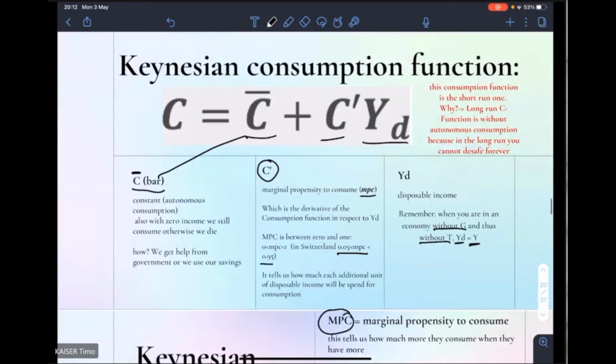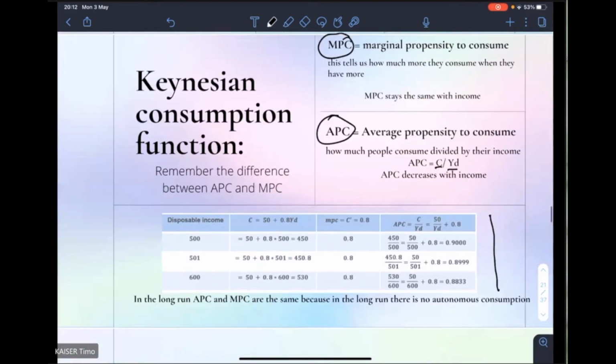If you take the derivative of this one, this is what we are left with. The average would be the total consumption divided by our disposable income. Always remember that. Also, something cool to remember that might be helpful at your exam: MPC stays the same with income. However, APC will decrease with income.